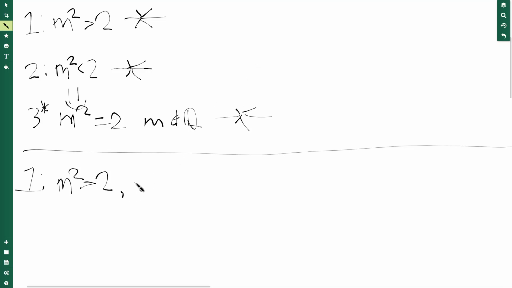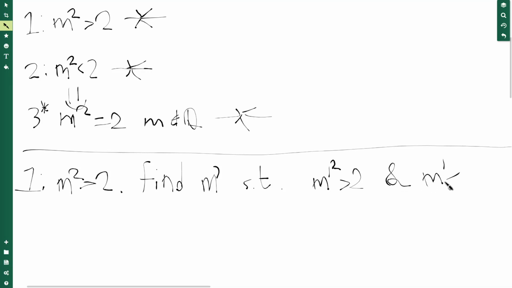So in order to strive for a contradiction, we want to find m prime such that m prime squared is greater than 2 and m prime is less than m. If we find such an m prime for any m such that m squared is greater than 2, then there's an m prime less than that m. So there is never any least upper bound. We can go on forever.